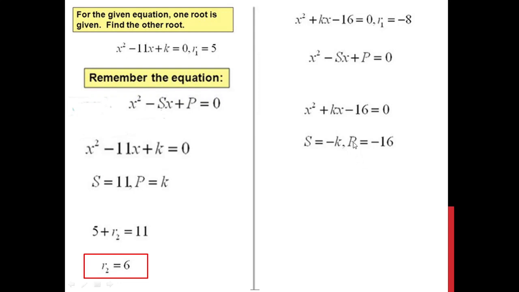Now since the given value here is the product, and the unknown is the sum, we need to use the product of the roots. So we have here negative 8 as our given root times the missing root is equal to negative 16, which is the given product here. To solve for this one, again, you need to divide both sides by negative 8, because negative 8 is the numerical coefficient now of your second root.